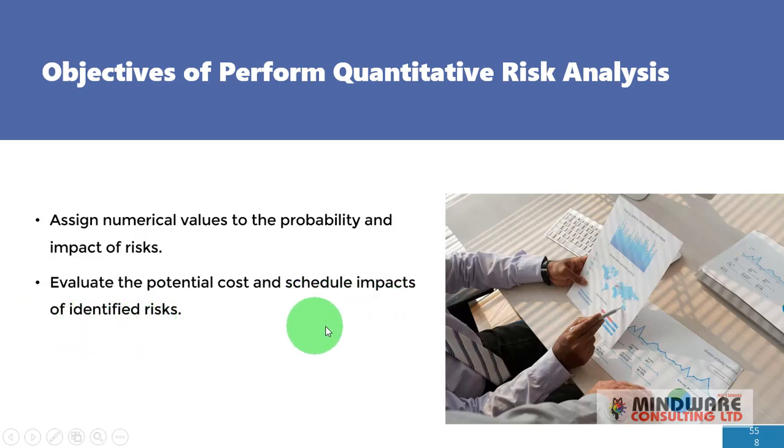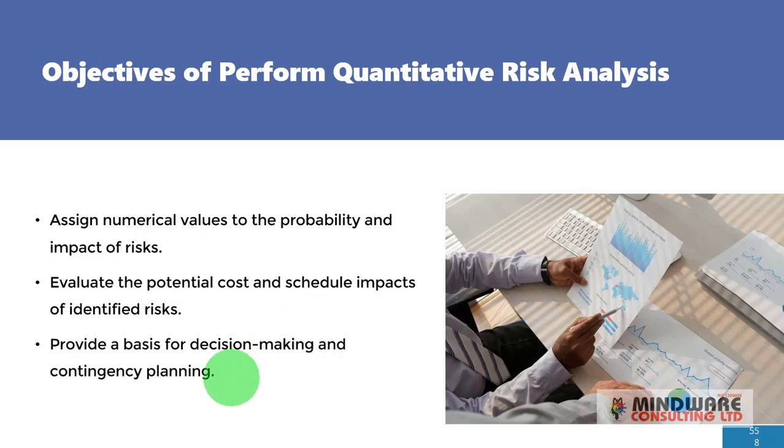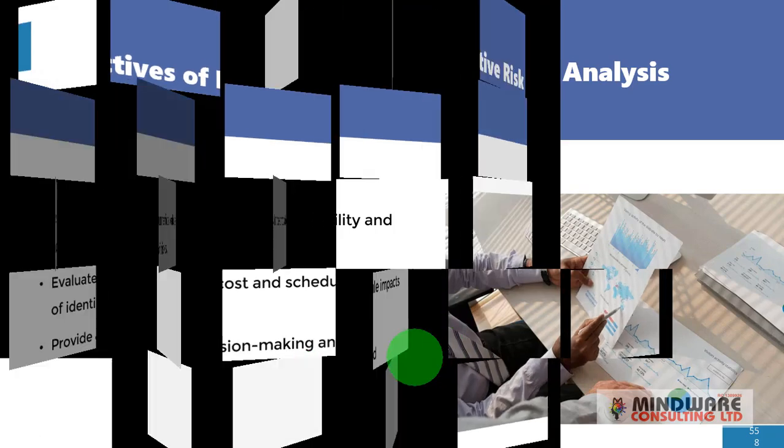So here we're going to look at the costs, direct costs, indirect costs, and also how they impact on the schedule. It also provides a basis for decision making and contingency planning. So this analysis and the outcomes thereof actually give us a framework for informed decision making. So let's move on.